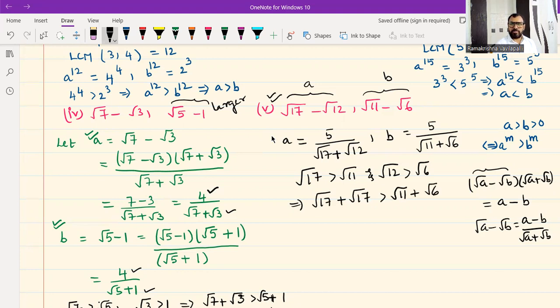Without using this also, we can tell that root 17 and root 12 values are more than root 11 and root 6. So therefore, we can write 1 by root 17 plus root 12 is less than 1 by root 11 plus root 6. The inequality will be reversed. To understand these things, you have to watch simple inequality. So therefore A is less than B.